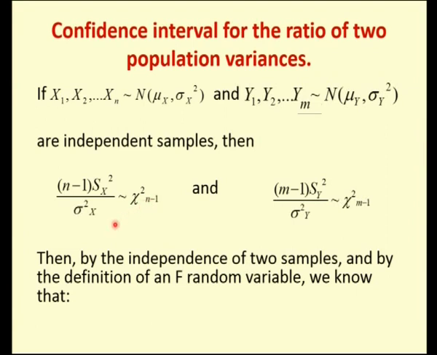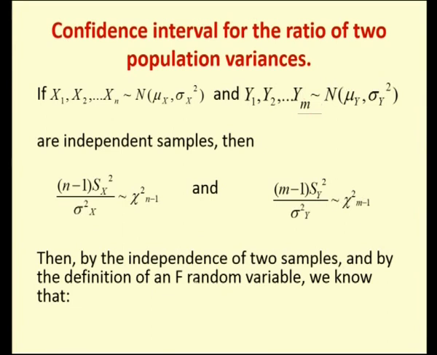Similarly, for the second sample, m minus 1 sy squared divided by sigma y squared follows chi squared with m minus 1 degrees of freedom. Here the first sample has n observations, the second sample has m observations.